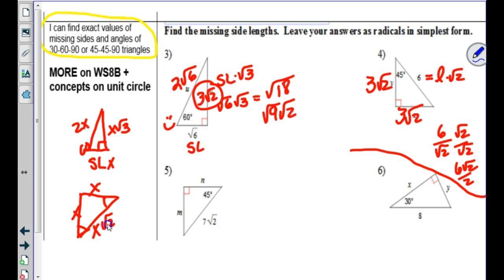Down here, this pattern, so did you figure this out yet? No? The hypotenuse on a 45, 45, 90 is just leg times the square root of 2. So if this is leg times the square root of 2, the legs are each just 7 and 7, okay? And what about a 30, 60, 90, guys? The hypotenuse is?